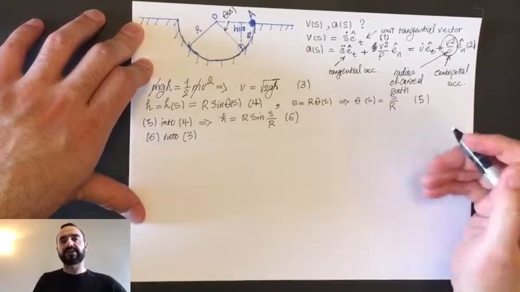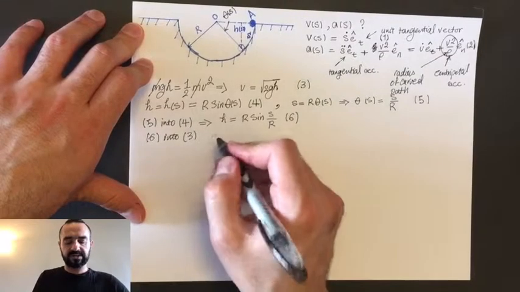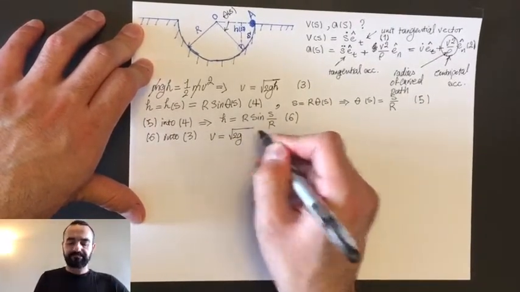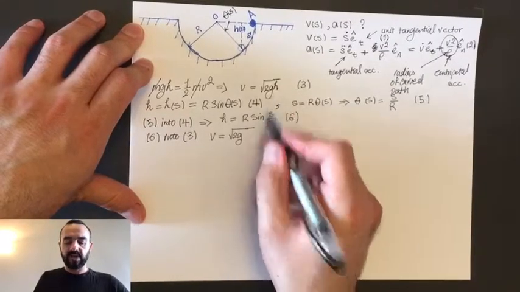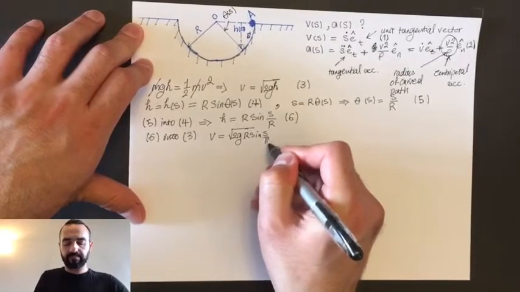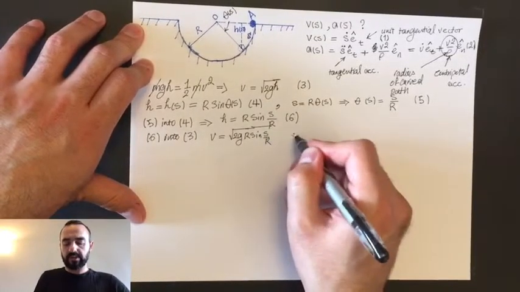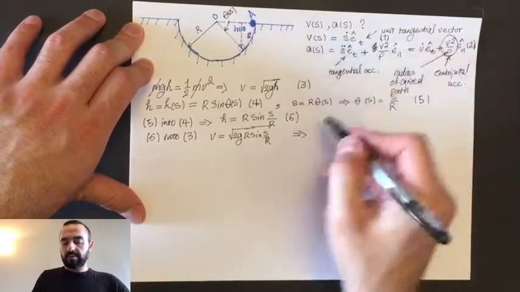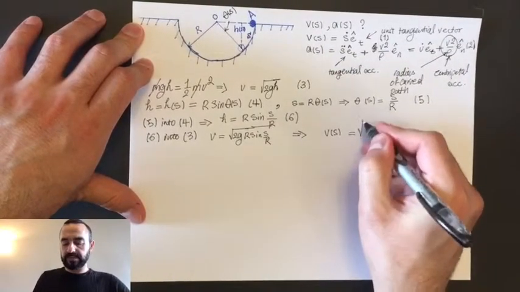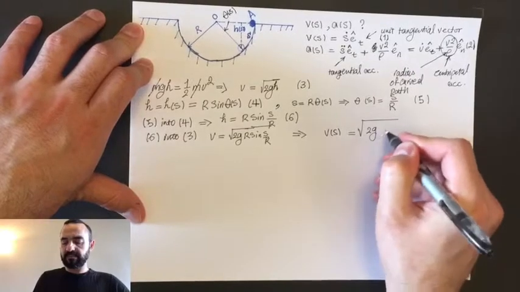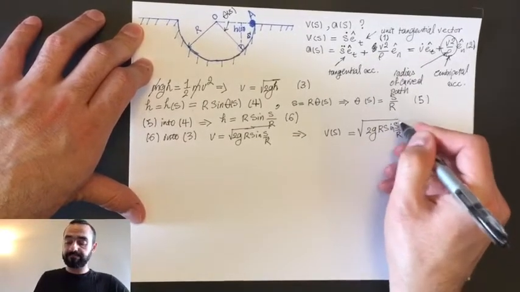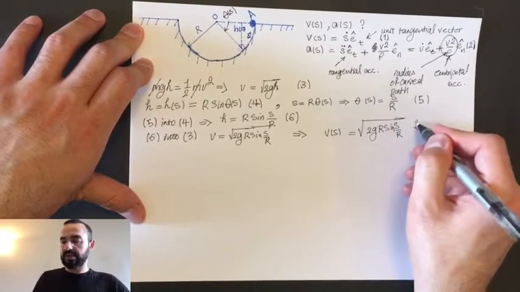the magnitude of tangential velocity, or the magnitude of velocity. V is equal to the square root of 2g, and h is r sine s over r, right? So our velocity is equal to the square root of 2g r sine s over r, times e hat t, right?